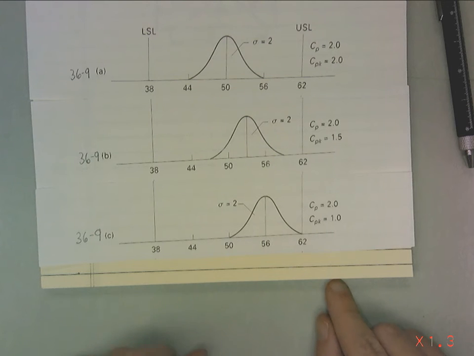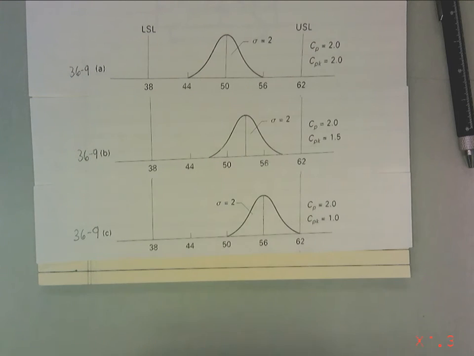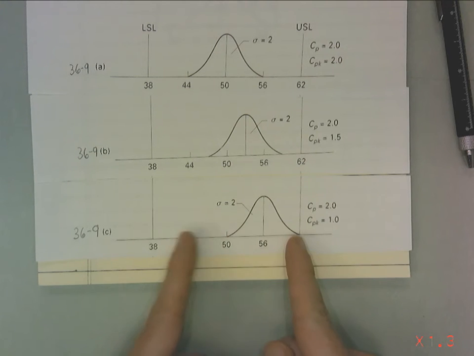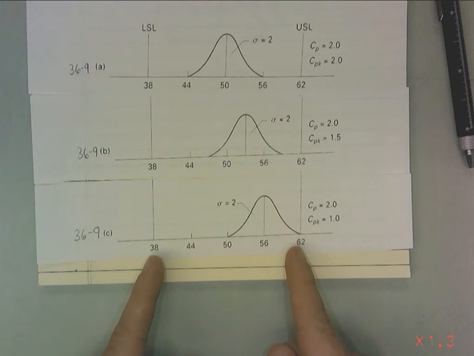Well, in this case, as we shift our curve towards higher values, CP does not change, right? So our standard deviation is this value. Our tolerances are this value. Our tolerances are twice the standard deviation, or twice 6 sigma, sorry.